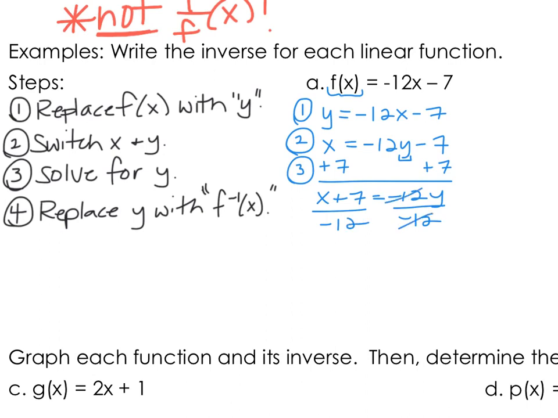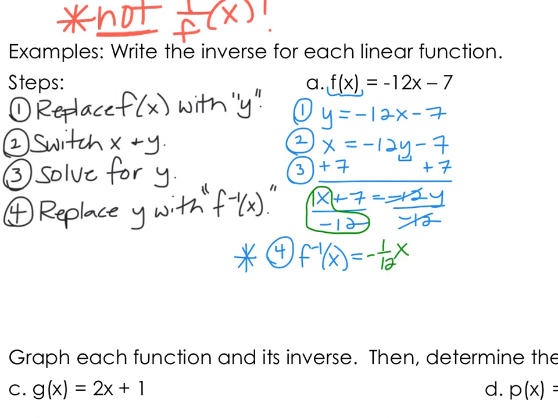Pretty simple. In step 4, I'm just going to put a little star right here. Not only are we going to replace y with f inverse of x, but we're going to write this in slope-intercept form by separating the slope, which would be x over -12, and that's -1/12 times x.